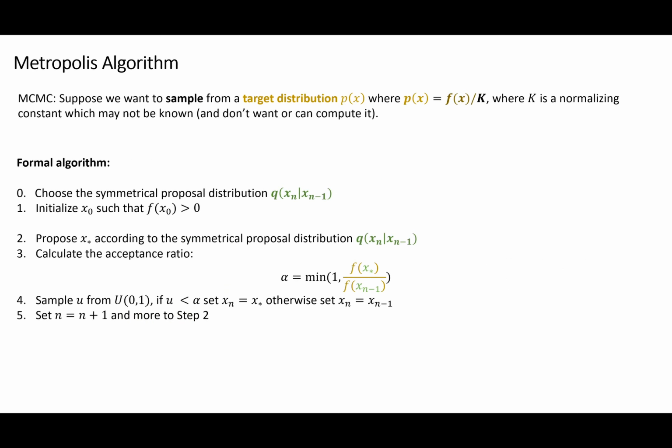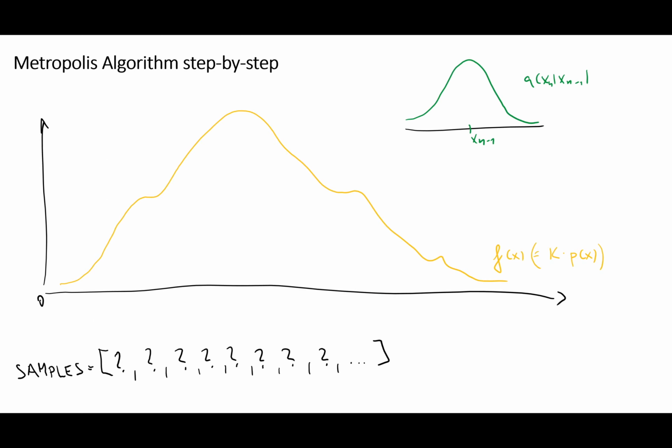Alright, so this is the formal Metropolis algorithm, and let's see how it actually works in action. We will maybe get to this algorithm again, but let's just demonstrate it on an example.